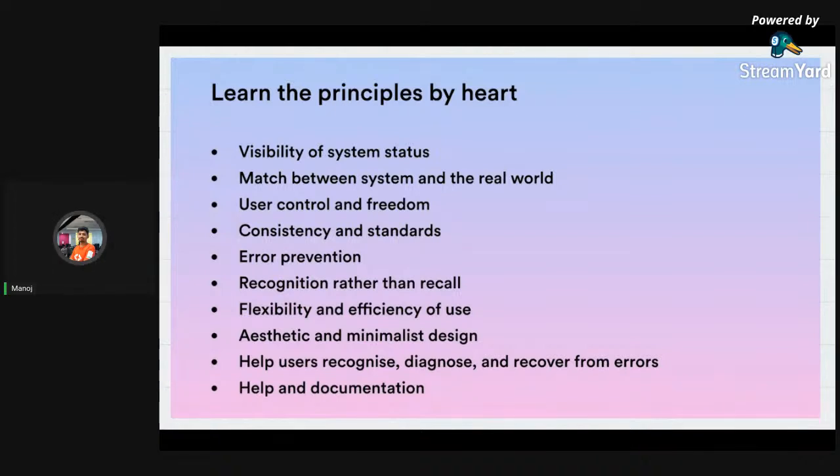Flexibility and efficiency of use. This is a very important and one of the complex features. Say you are building an e-learning app. It should be easy for people who are learning online for the first time, and it should also have advanced features for advanced users who have been learning online for a while.